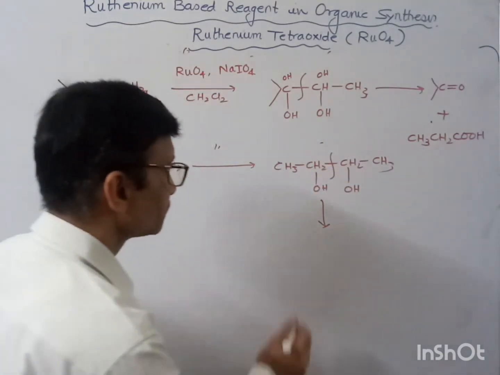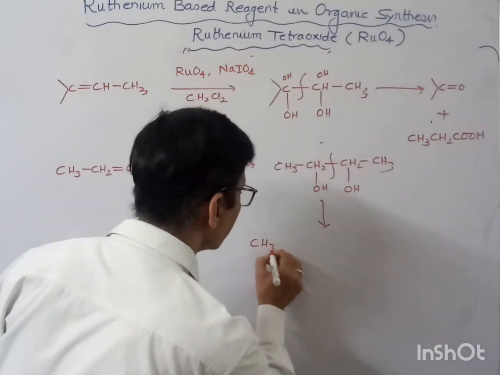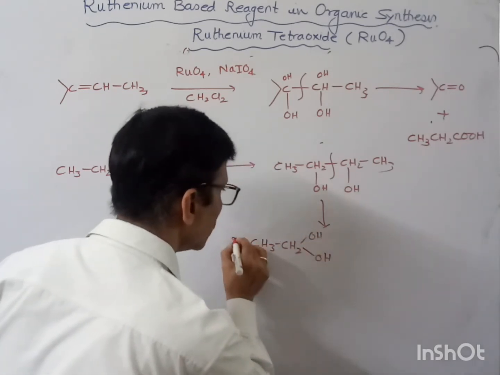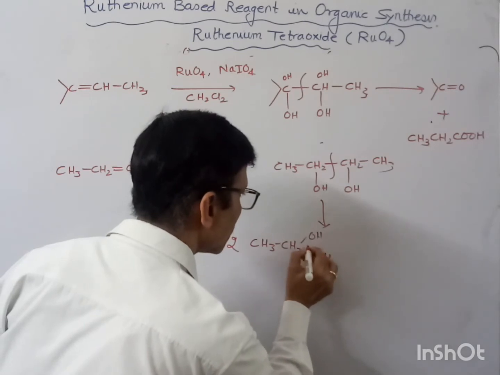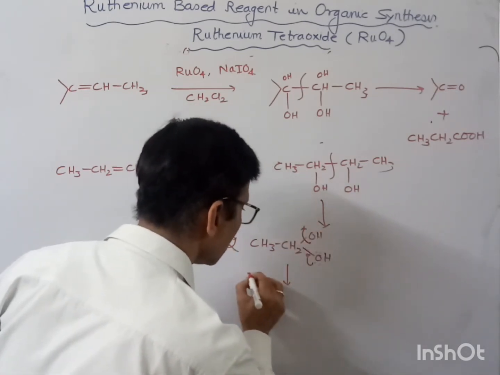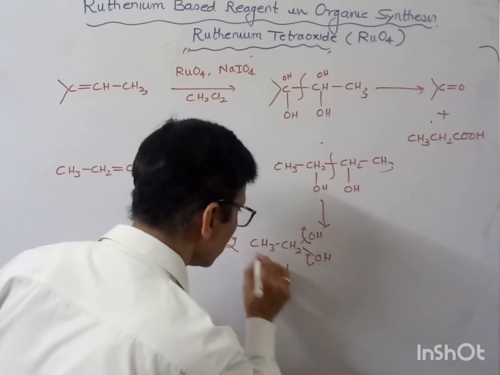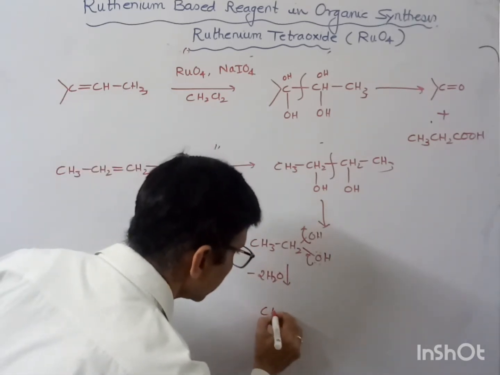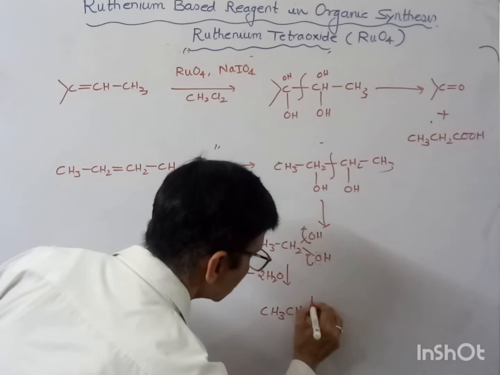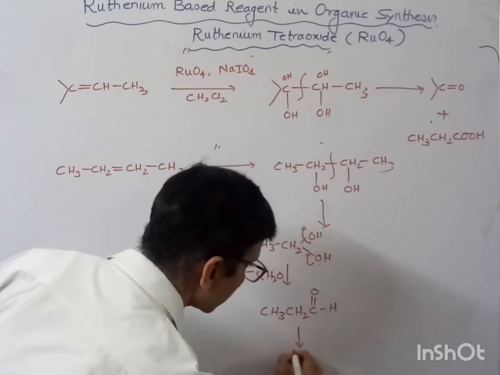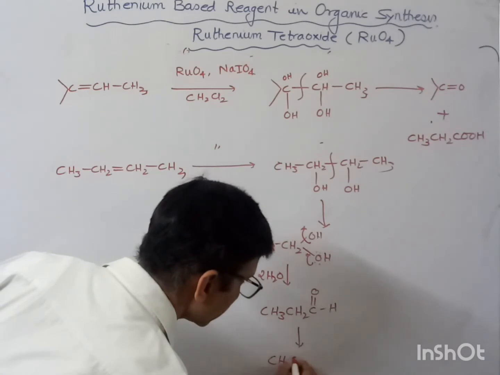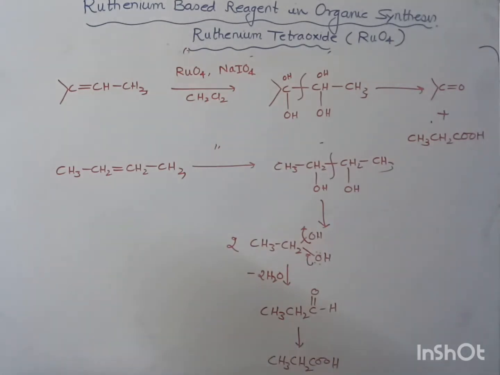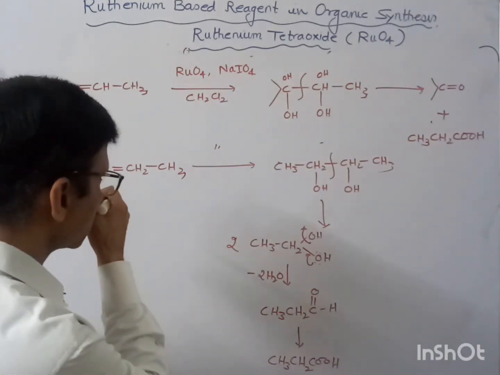Finally, we can write CH3, CH2, OH, 2 molecules of this, with removal of H2O, 2 molecules of H2O will get removed, one from each molecule, and we may write CH3, CH2, CHO, and finally again it will get oxidized and converted into propanoic acid. So this should be the product in this case.